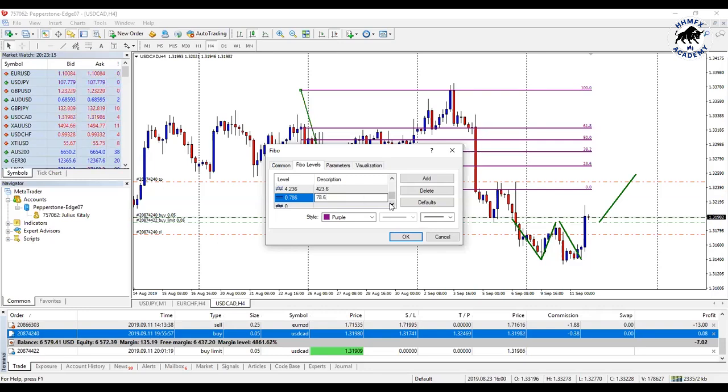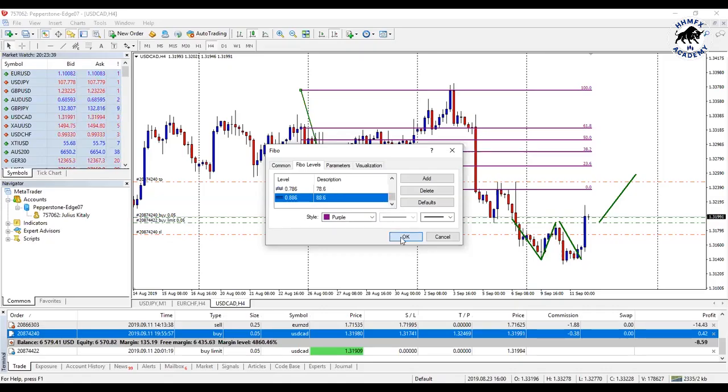After adding 78.6, below it you add 88.6. On the left side you write in decimal places, and on its right side you write in percentage. See, guys? So after that you just click OK.